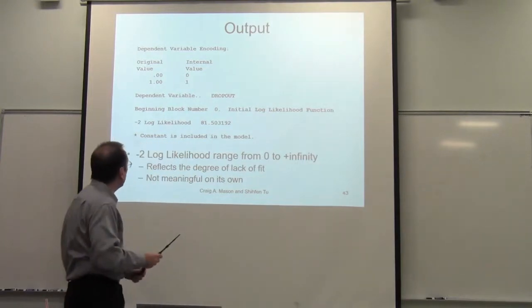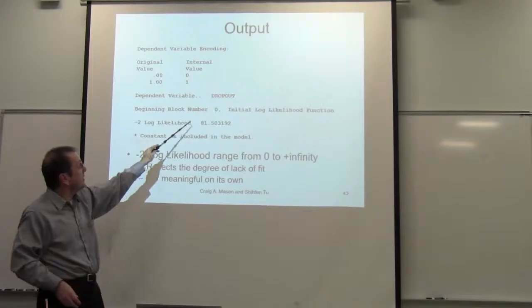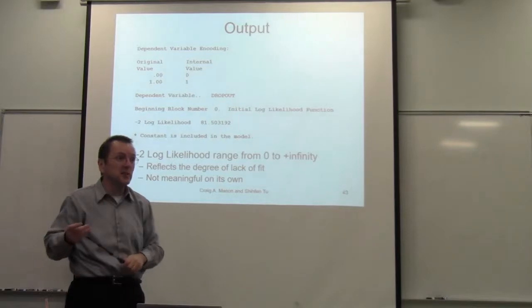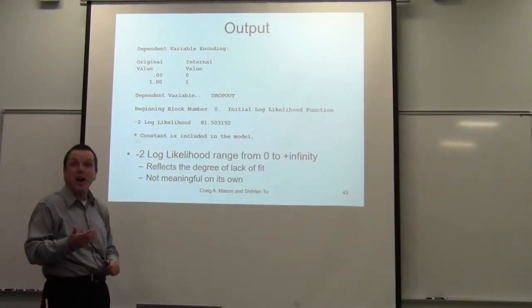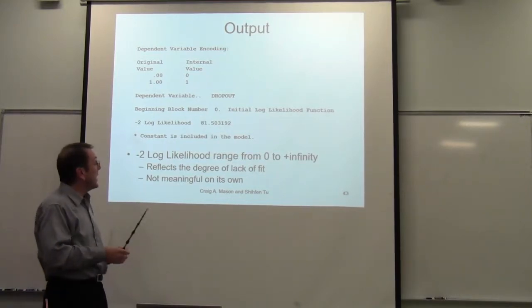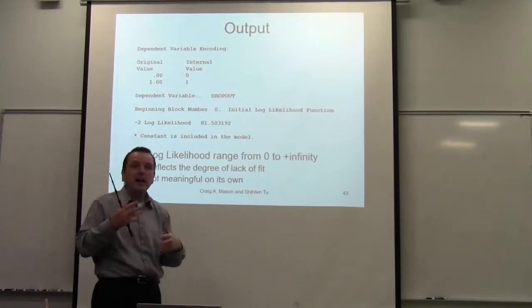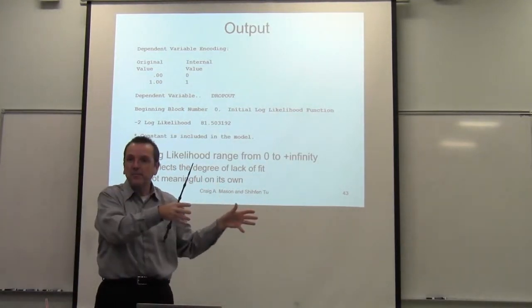There's a really cool number here, and you'll see this. The -2 log likelihood is used a lot in logistic regression. It's actually used a lot as we move into more advanced statistical approaches. What it is, you can think of it as an indicator of the lack of fit of a model with the data.